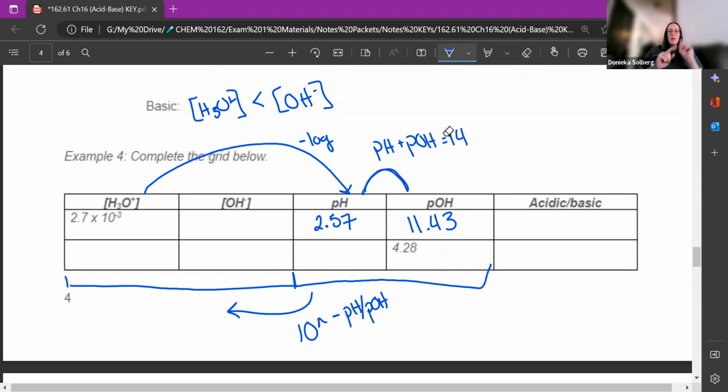They have to match up. pOH obviously goes with OH minus, pH goes with H3O plus. So if you're going to the right to get the p's, you do negative log. And if you're trying to find the concentrations from the p's, you do 10 to the negative.